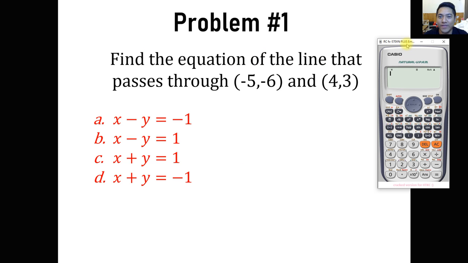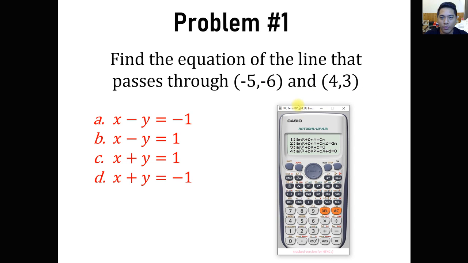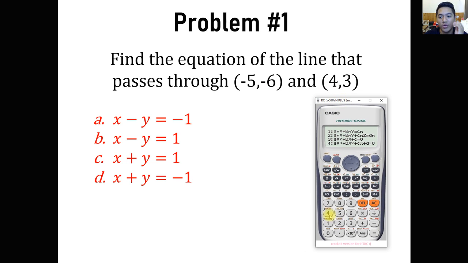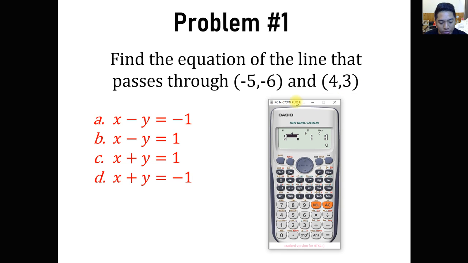So for number 1, find the equation of the line that passes through -5, -6, and 4, and 3. So the very first thing that we're going to do here is we are going to use mode equation. Okay, mode 5. So since we have 2 points, we are going to use 2 equations, 2 unknowns. So what we are going to do here is simply input the points.